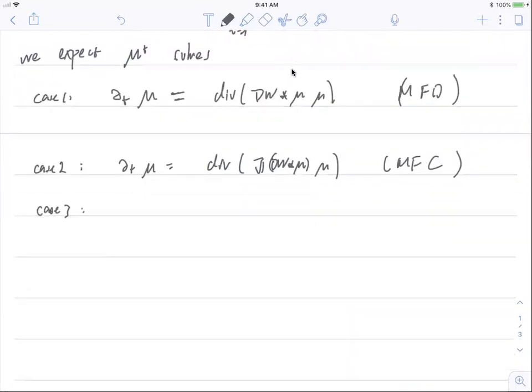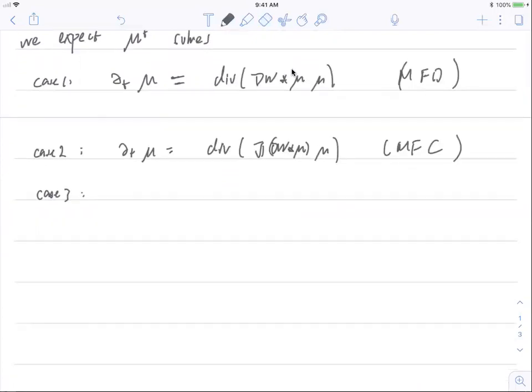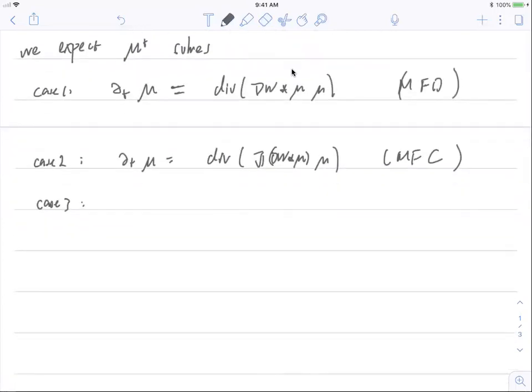So this case is the following. In this case, let's change a little bit. So mu, in this case, mu and t should be the following.